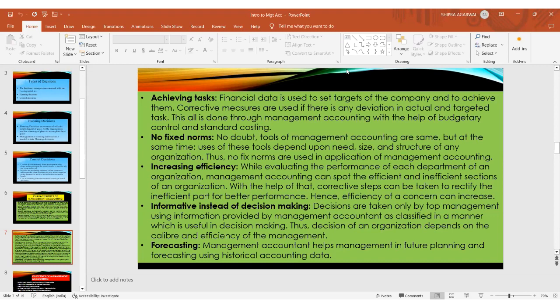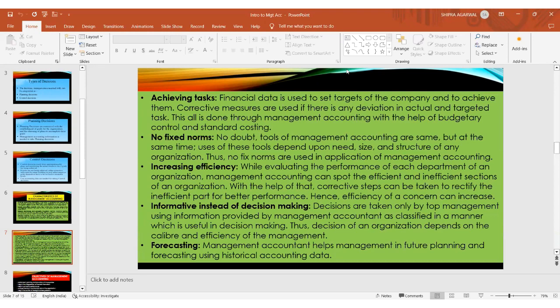So that way they will let you know about the efficient and the inefficient part, because a particular unit which is not at all deviating and which is performing up to the best, that particular unit is certainly the most efficient one.